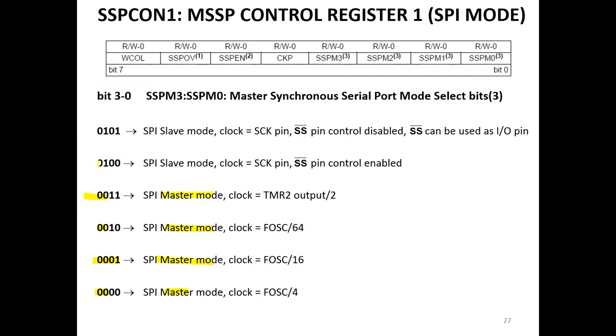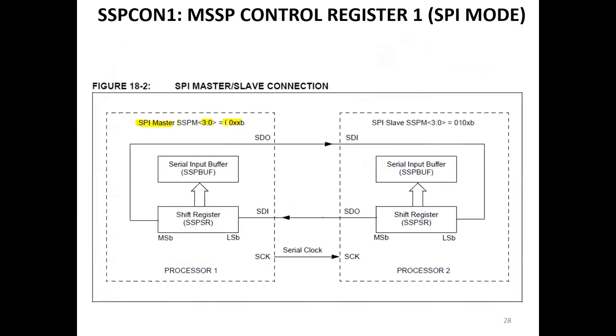If you have 01, that means you have SPI in slave mode. That's why here we have 00XX. Then for the slave, here we have 010X. So 01 means we have slave mode. So the first device is configured as a master. The second device is configured as slave.